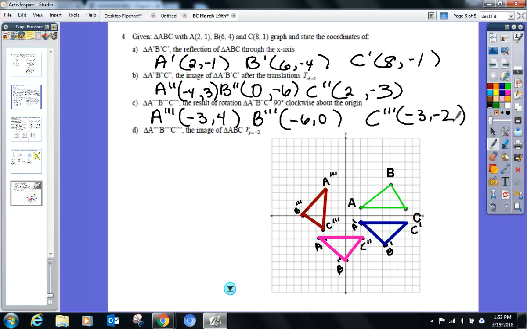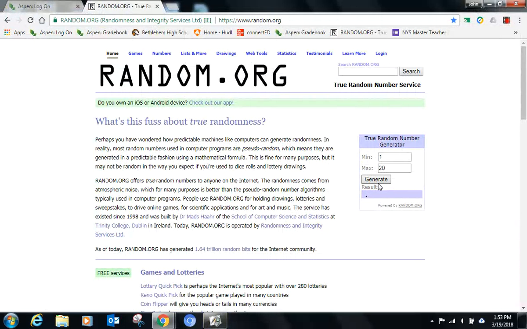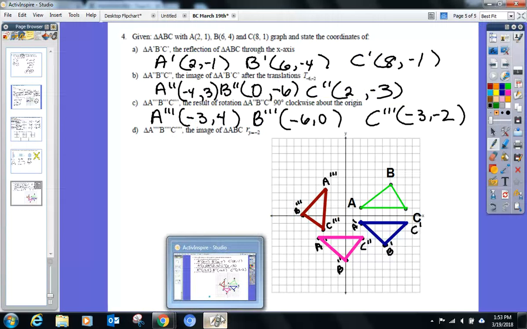What is asked in the last one, part D? In the last part, what's the R mean? What's translation start with? It's a lowercase r.